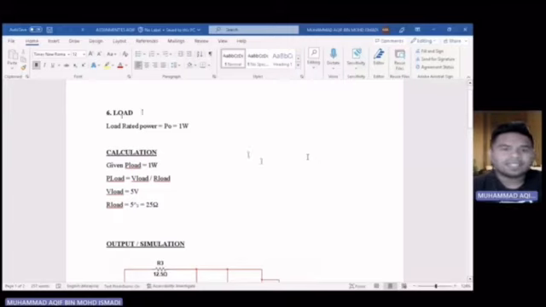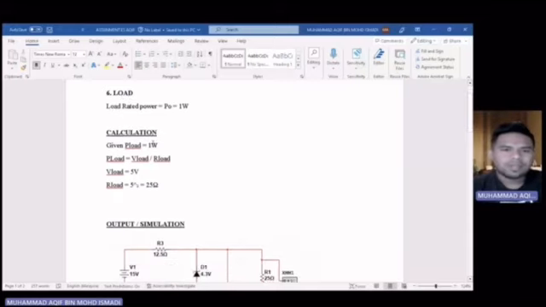My part is number 6, load. First of all, the question given: load rated power P_O equal 1 watt. Okay, this is my calculation.